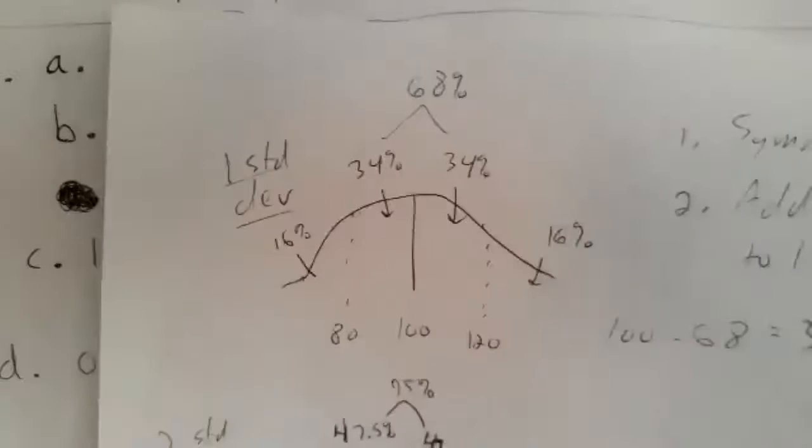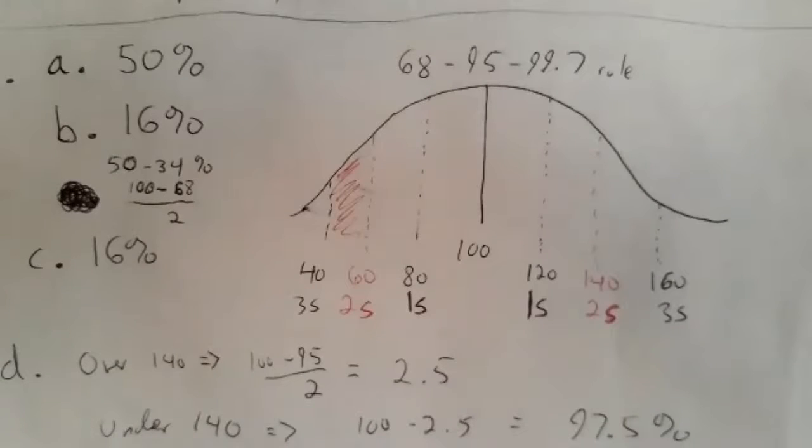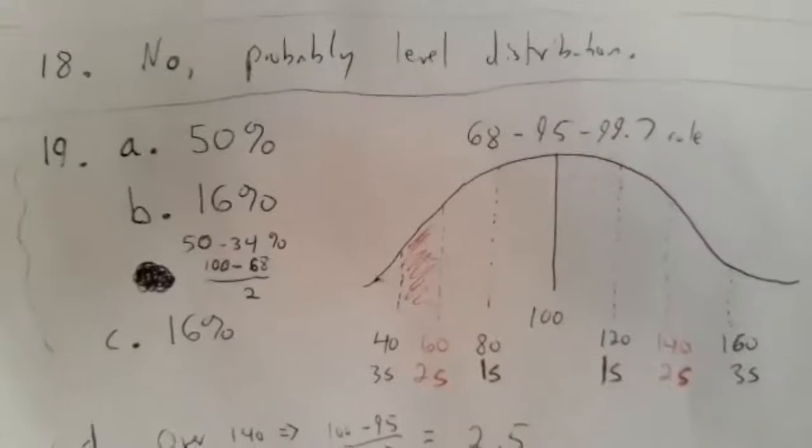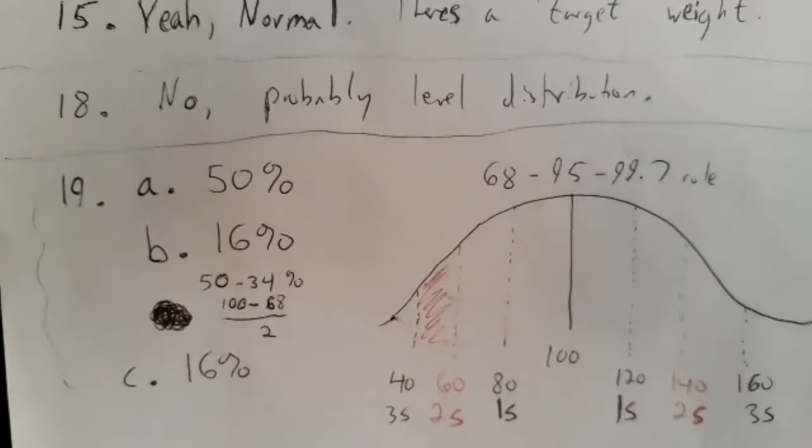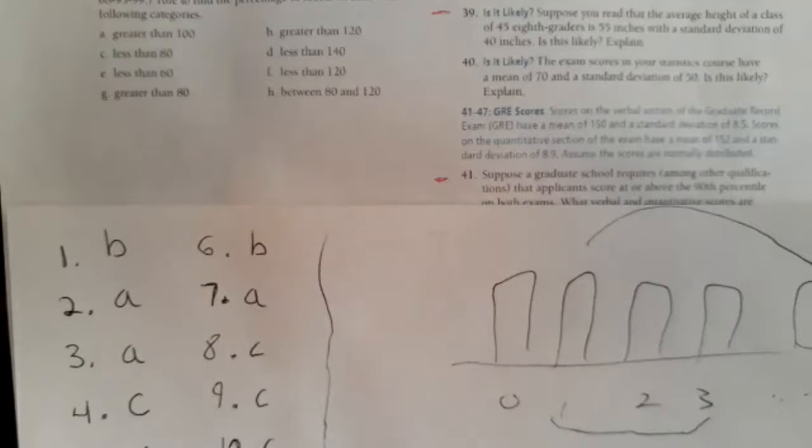Okay, so 19, A, B, and C is what we've done. The next ones are D and E. D is less than 140. E is less than 60.